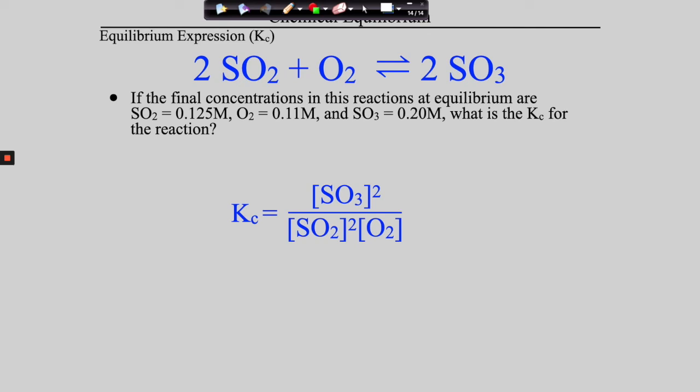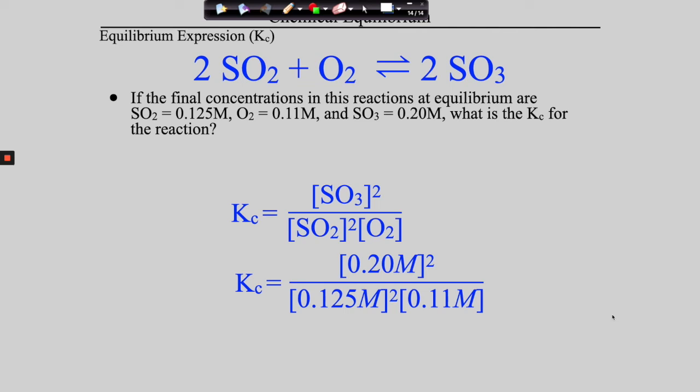Because obviously we can solve for that, and we can do that by plugging in values. So the concentration of SO3 is 0.20 molar, and that's squared. The concentration of SO2 is 0.125 molar, again squared, and then the molarity of O2 is 0.11 molar. Okay, so at this point, guys, you just need to solve it.